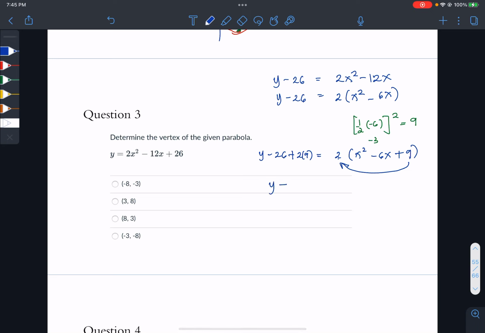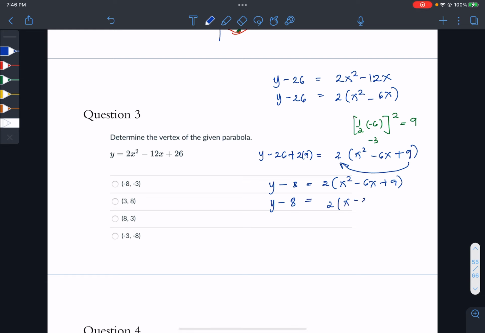So y minus 18. So negative 26 plus 18, that would be negative 8. Y minus 8 is equals to 2x squared minus 6x plus 9. So y minus 8 is equals to 2 times, so anong factor nito niyan?